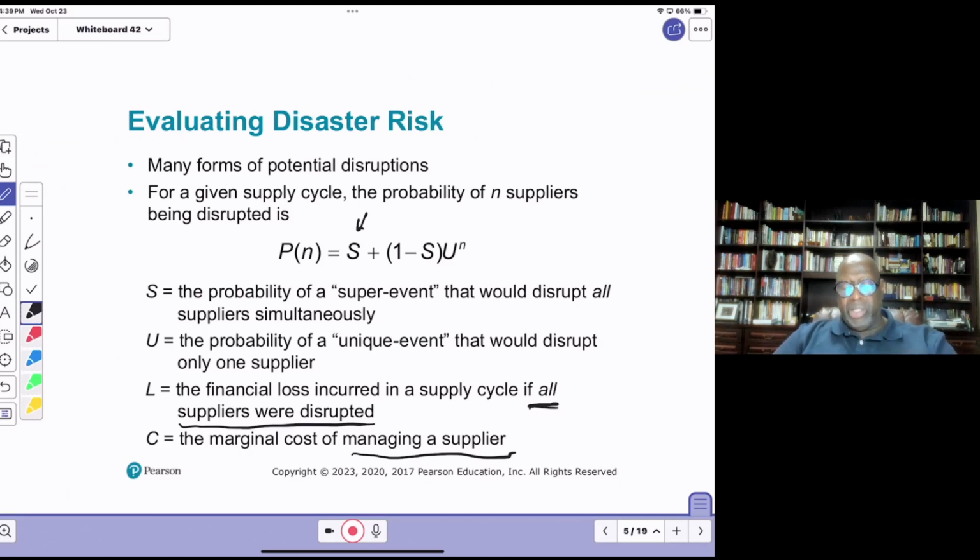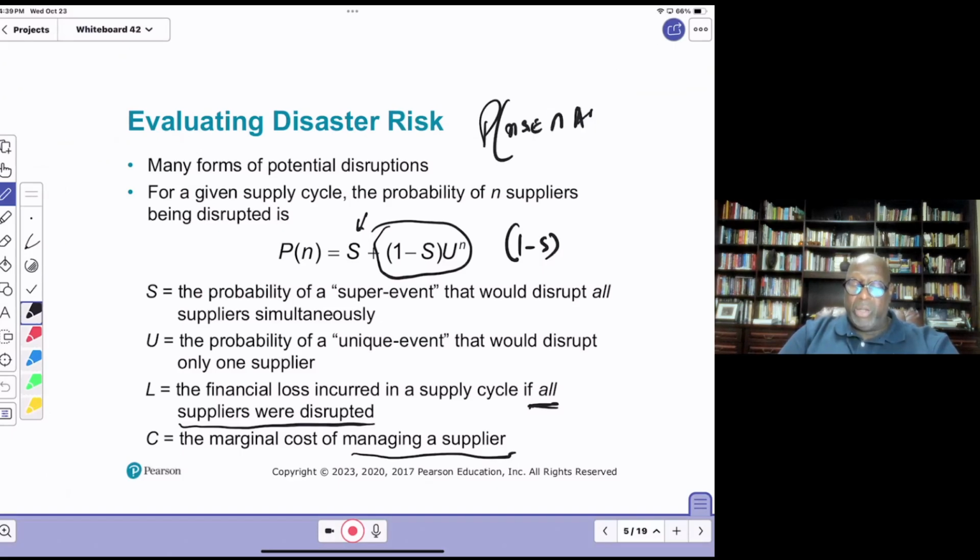So essentially, what you're looking at with this part of the formula is the joint probability that there is no super event and all of the units actually are disrupted at the same time. So what's the probability of no super event? If the probability of a super event is S, then 1 minus S is the probability of no super event, right? So that's what we're looking for, probability of no super event and all suppliers disrupted from a unique event.